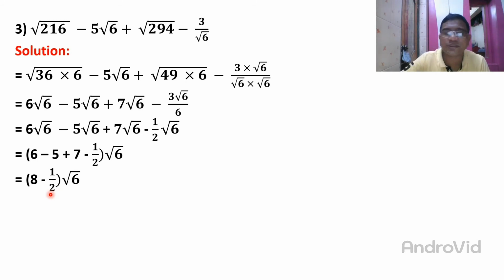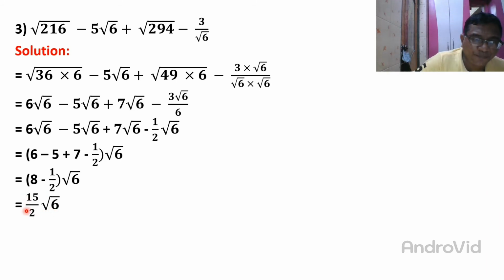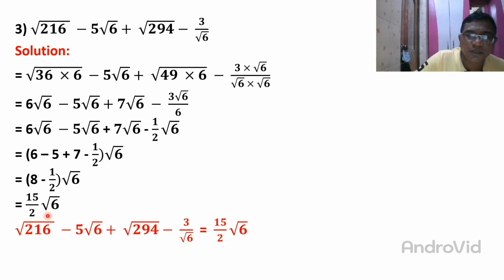What is the LCM? 2 is the LCM. So multiply 1 by 2, then you get 2. 2 eights are 16. 16 minus 1 is 15. So 15 upon 2 root 6 is the answer. In such a way we get that answer.